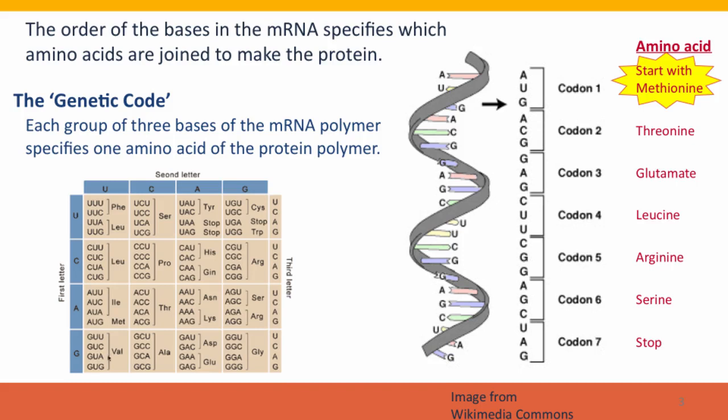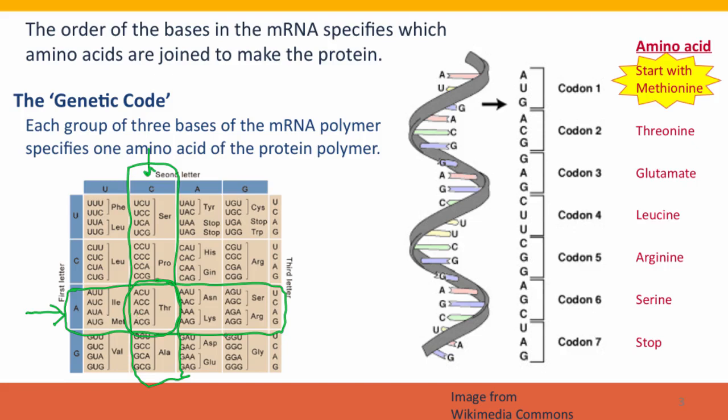Here's an example of a typical genetic code table where this row shows all the codons that start with A. This column shows all the codons whose second letter is C, and then this box is all the codons that start with A, C, and any of the 4 third position bases, all of which specify threonine. That's not always the case, but it is in a number of cases. And you'll see the importance of this when we talk about mutations in Module 2.